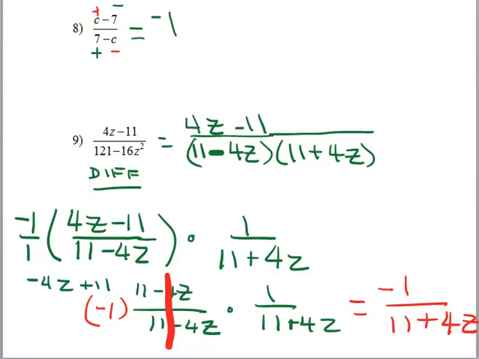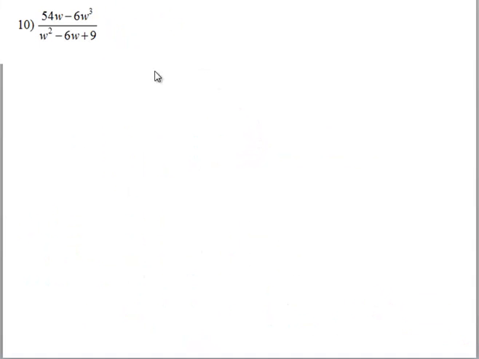We have one more to do. This one is going to take a little more digging. First of all, let's factor out the numerator. 54 and 6. 6 goes into 54 9 times. Got a couple of W's. So 6W times 9 minus W squared.